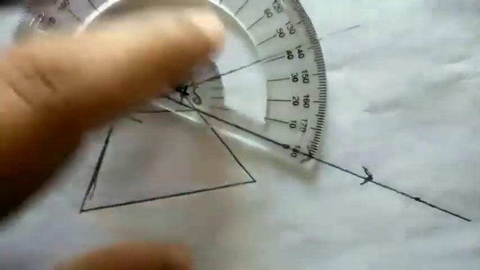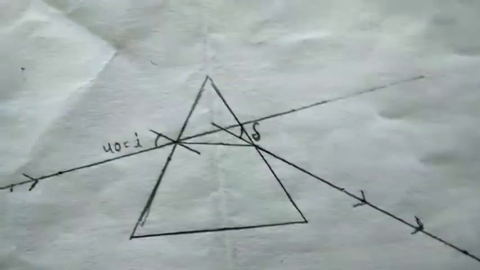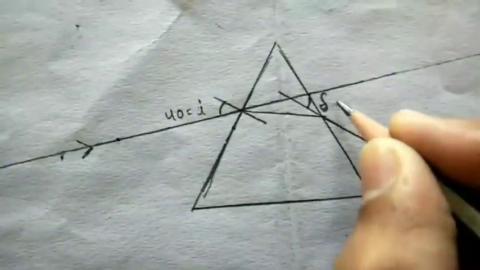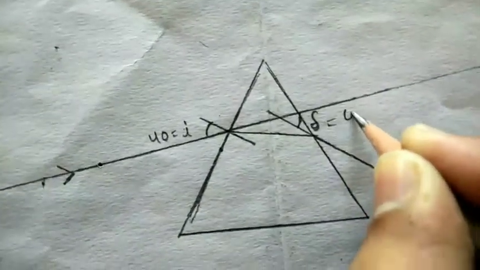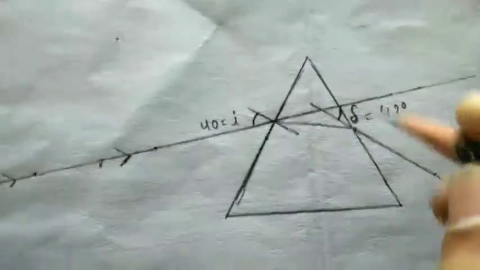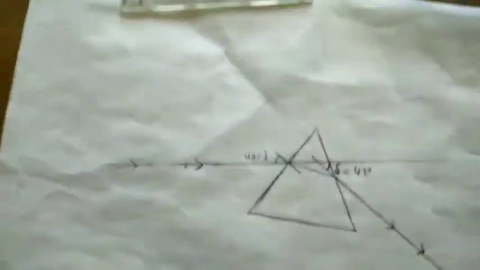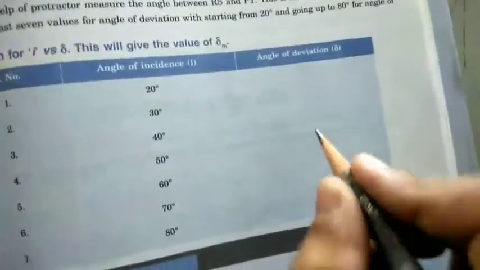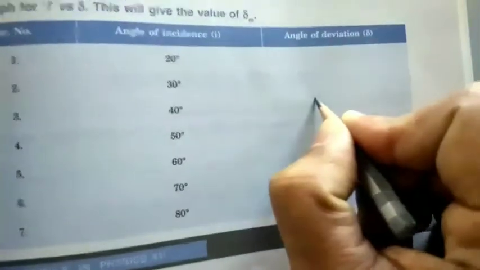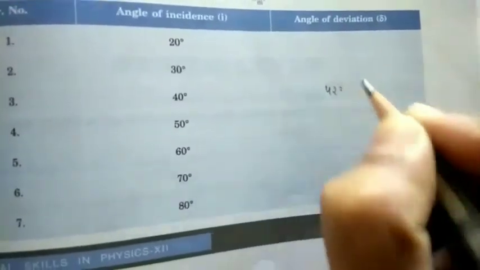So our angle of deviation is approximately 42 when the angle of incidence is 40. Now we can write in the table that the angle of deviation is 42 for the prism.